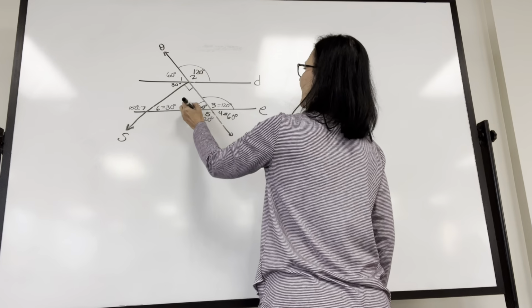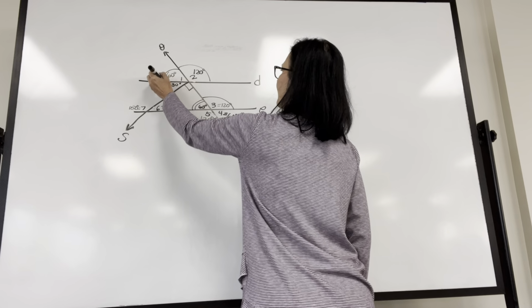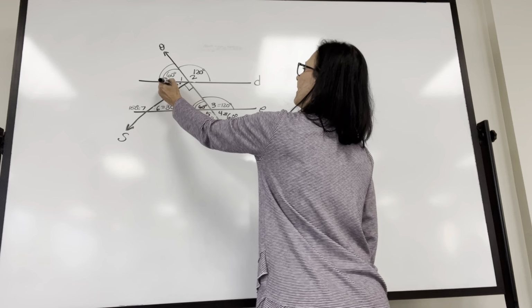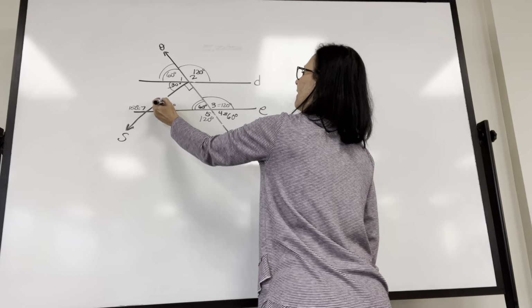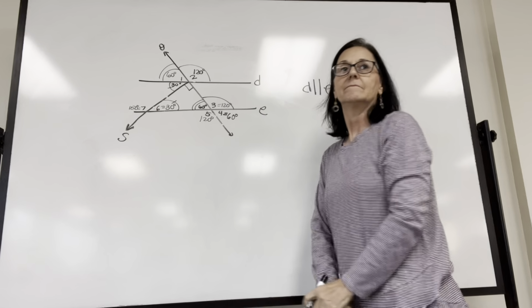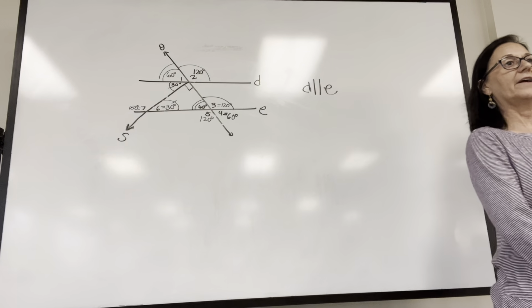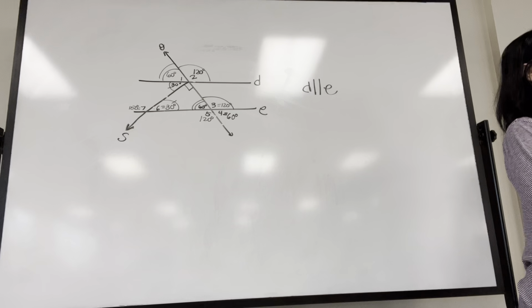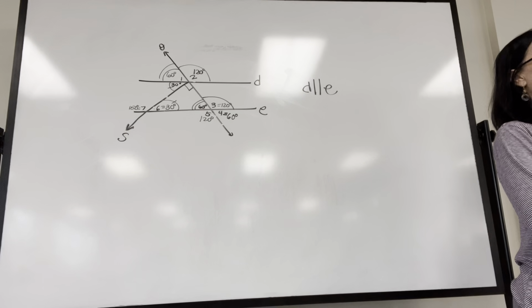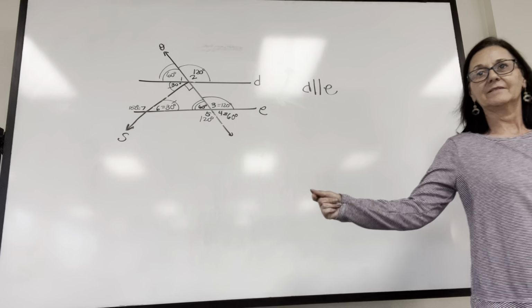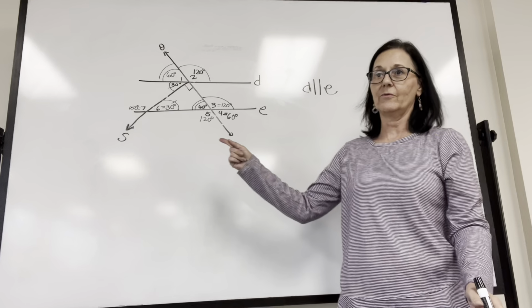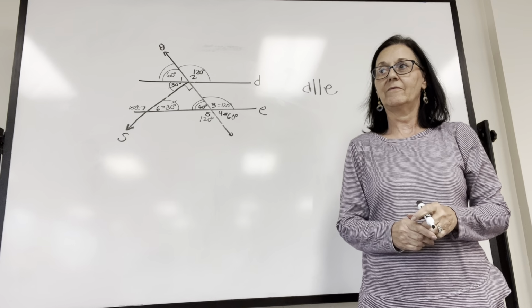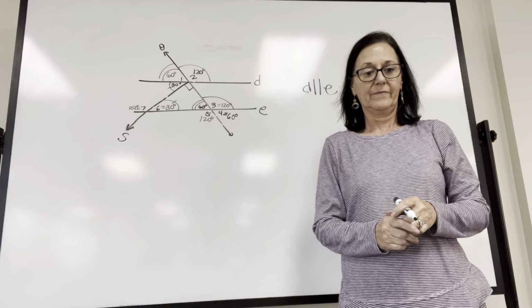Well, we have corresponding angles here, but we had it earlier. Right here. Alternate interior angles are equal. Once we had that, we only needed one angle to know that these were parallel. All right?